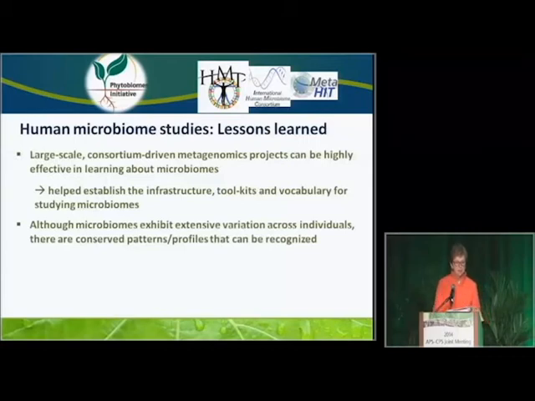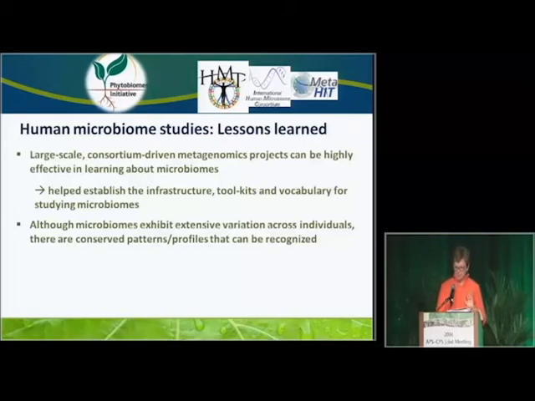And although the microbiomes exhibit extensive variation across humans, there are some really interesting conserved patterns and profiles that can be recognized. Now, we recognize the complexity that we have more than one host. We have a tree versus an Arabidopsis plant or a soybean, very different hosts in very different environments.